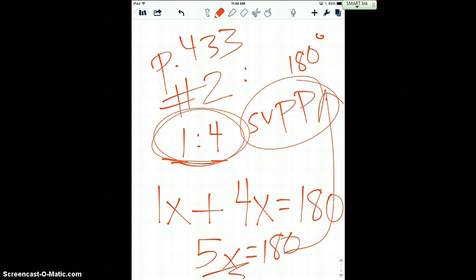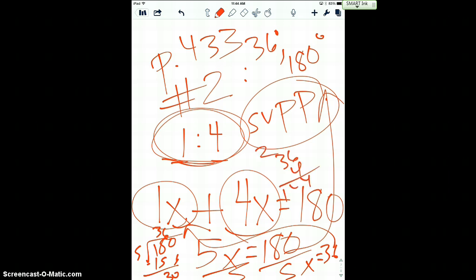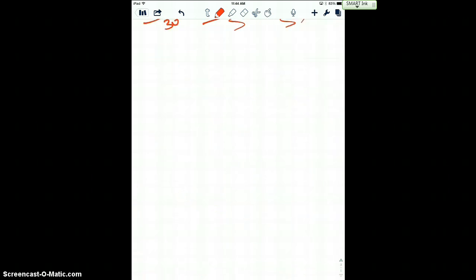Divide by 5, and x is going to be, I don't know that one off the top of my head. That's 15 plus 30, so that would be 36. So am I done? No. So I sub that in. One angle is going to be 36 degrees, and the other angle is going to be 36 times 4, which is 144. Okay? All right.